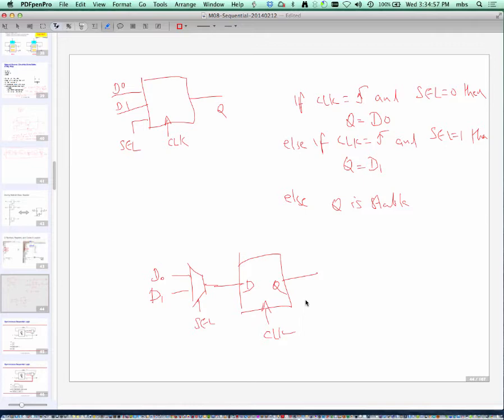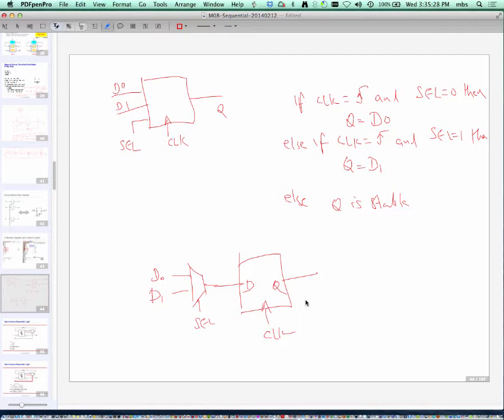Okay, let's say I want to create, I have given a clock to you. The clock is some sort of a square wave, right? And I want my output to change every rising clock tick.